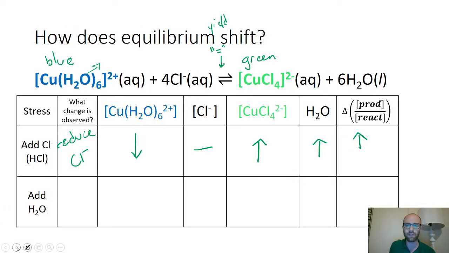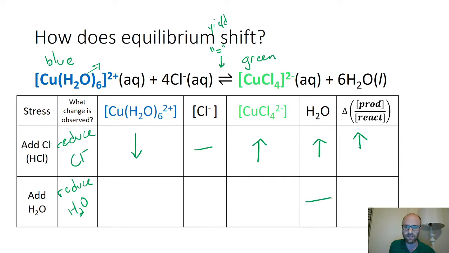Now, if we were to follow that process the whole way through again with the water, if water gets added by us, the change that's observed is to reduce water. And this, again, is not talking about boiling off water. We're just talking about binding up the waters, trapping them so that they don't count as free waters.